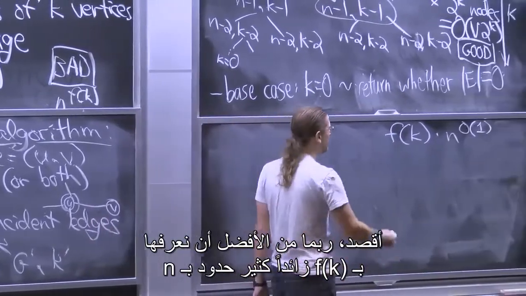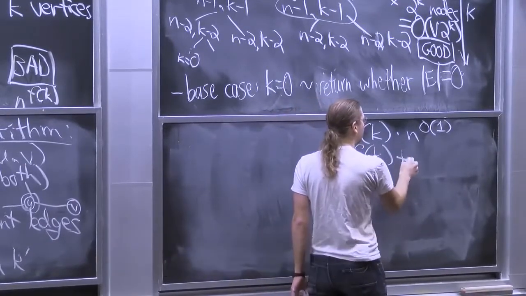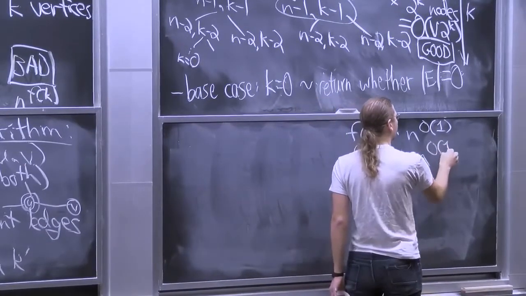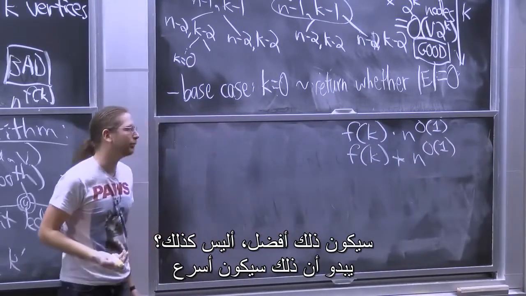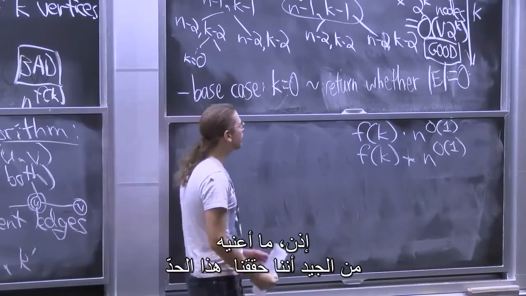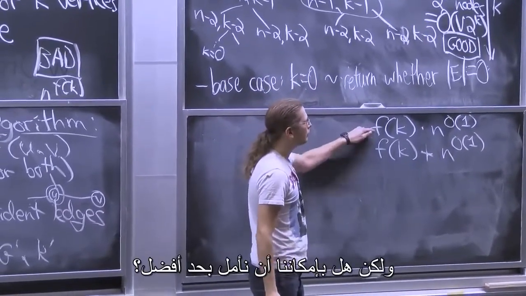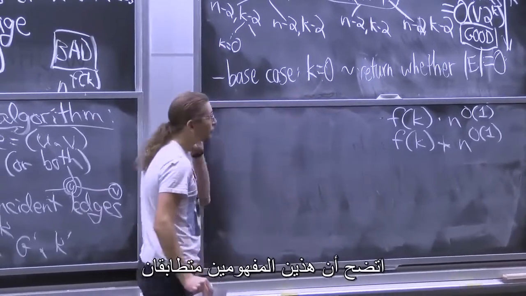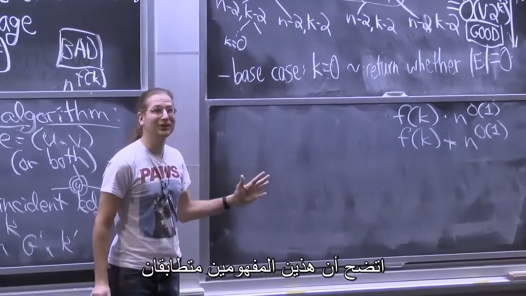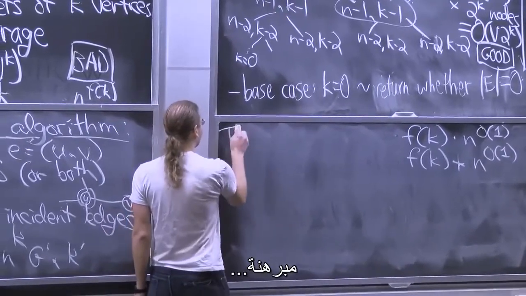Maybe it would be better to do f of k plus polynomial n. That would be better, right? That would be faster, it seems. This is nice that we achieved this bound, but could we hope for this even better bound? Okay? It turns out these notions are identical. This is weird the first time you see it. So, theorem.